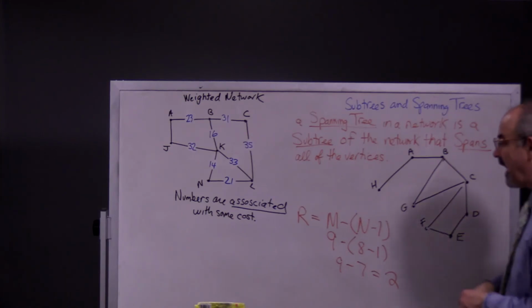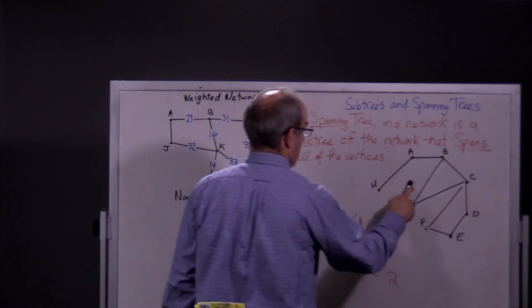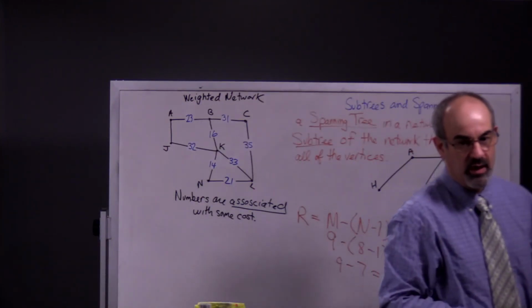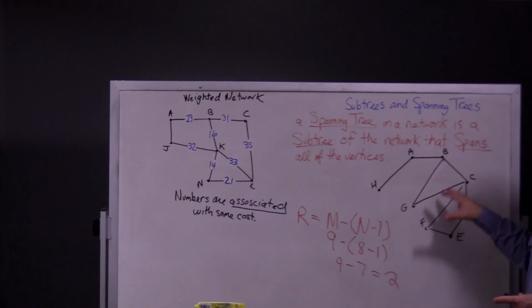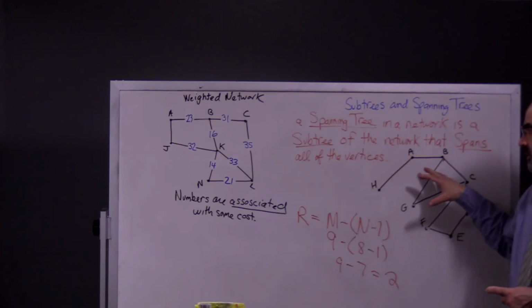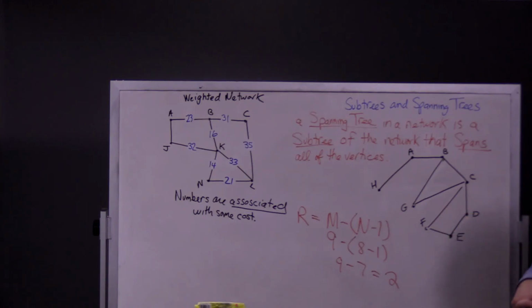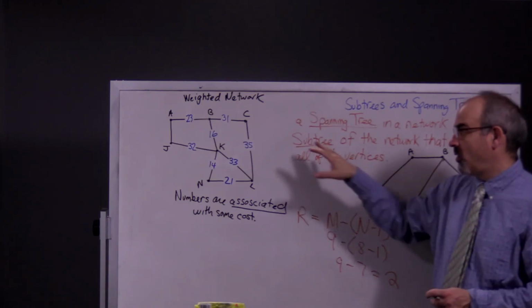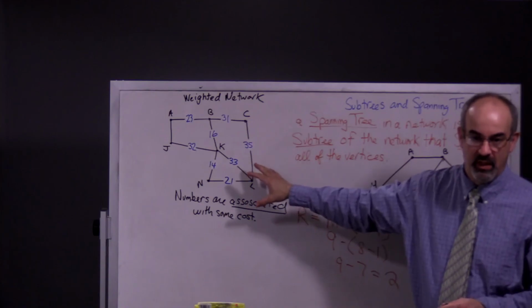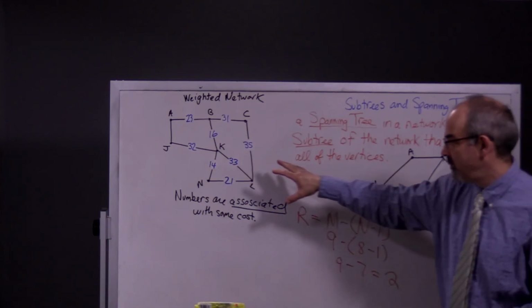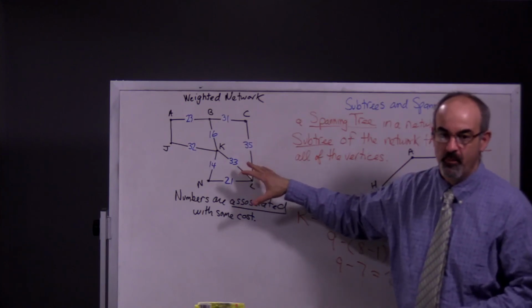Okay. Well, now imagine if this was a weighted network like this. We're trying to figure out the spanning tree that has the least cost. Okay. So we could do it with that. Matter of fact, I might come back in another video and maybe redraw this bigger.